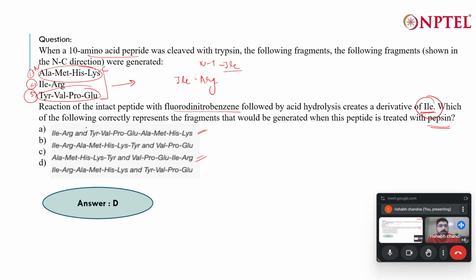So these two can be the next amino acid sequence. After this, the pepsin treatment was given to the peptide. Pepsin basically cleaves after tyrosine, tryptophan, phenylalanine, or leucine. Out of these four, we have only tyrosine in the question here.